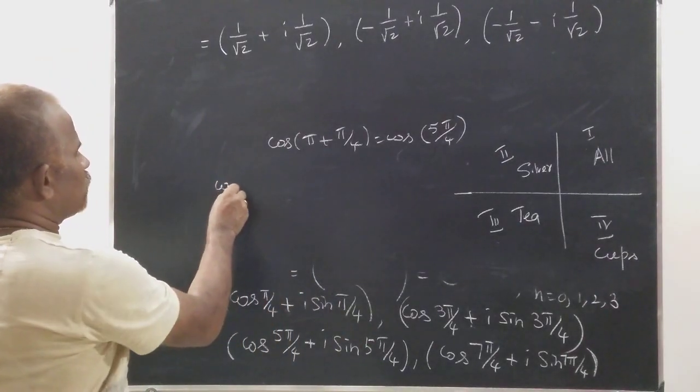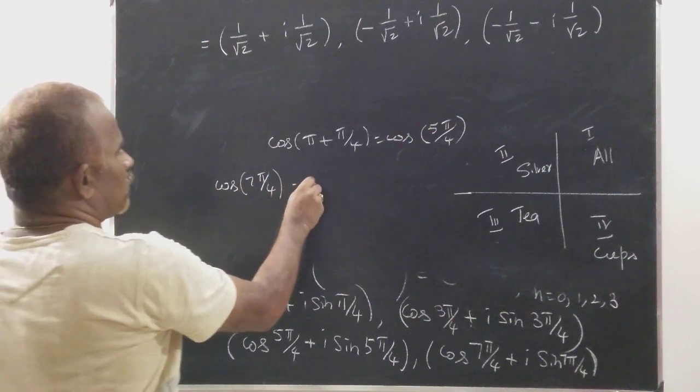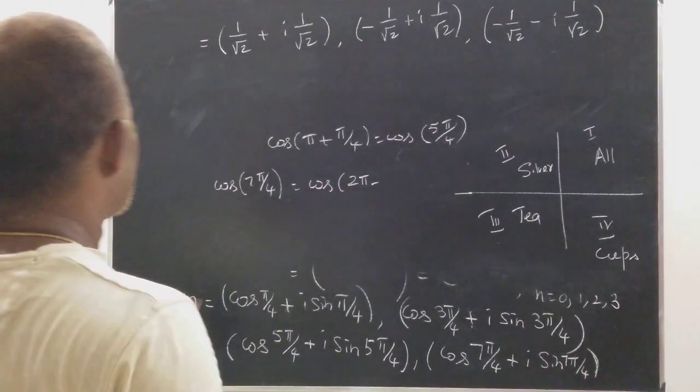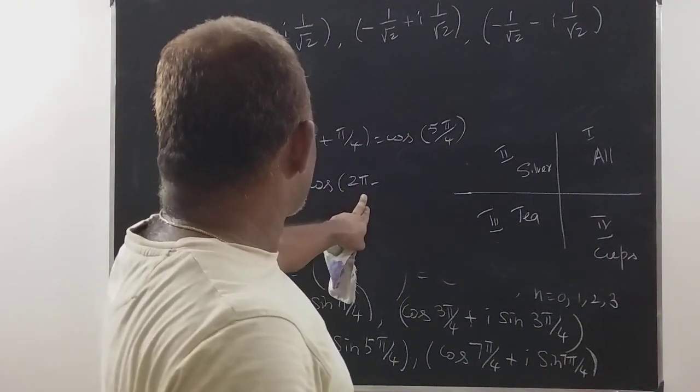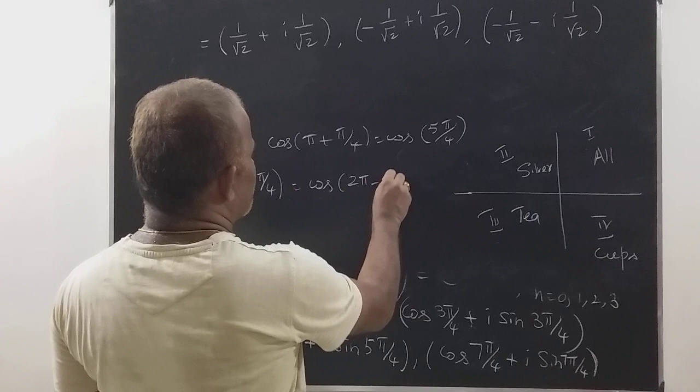Cos 7 pi by 4 is equal to cos of 2 pi minus pi by 4.